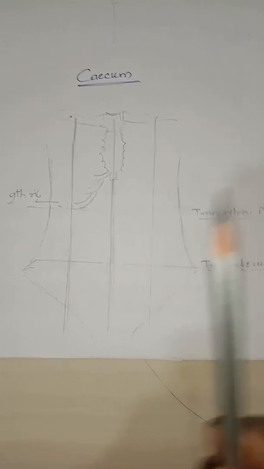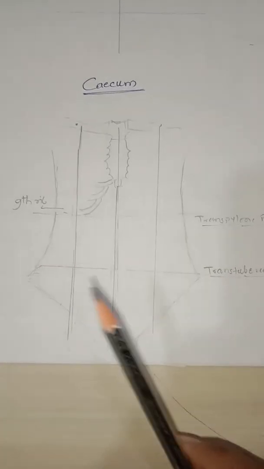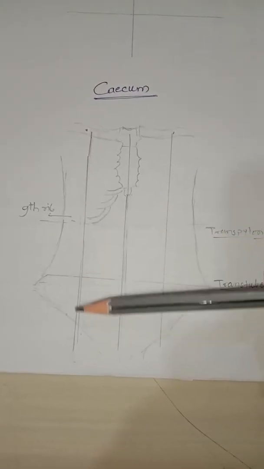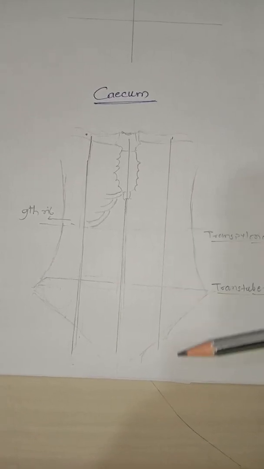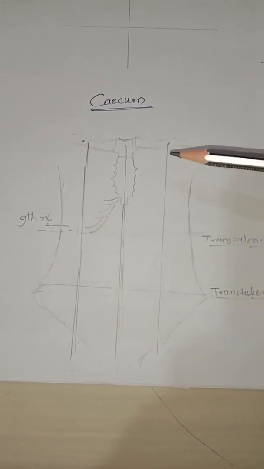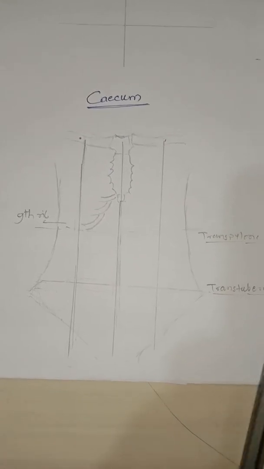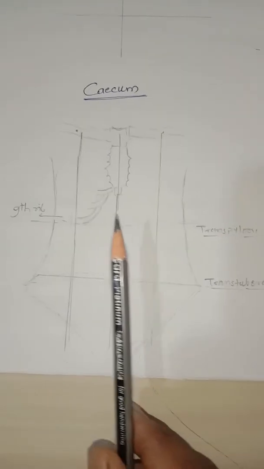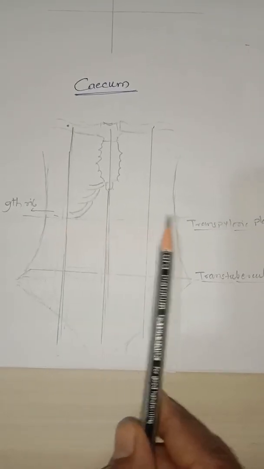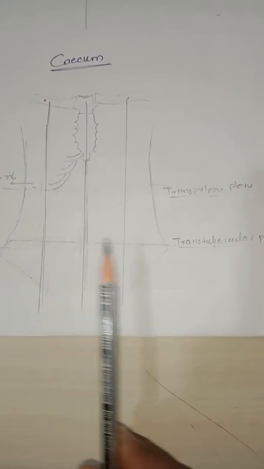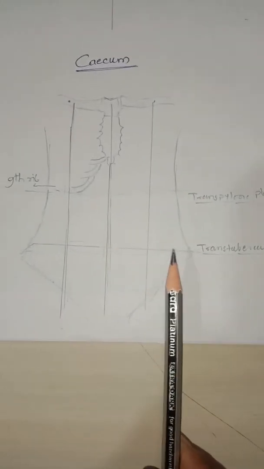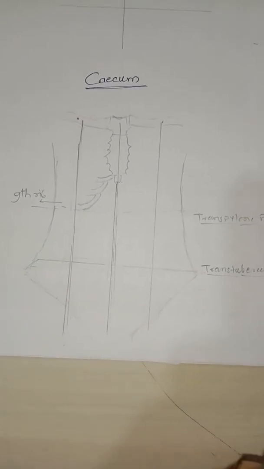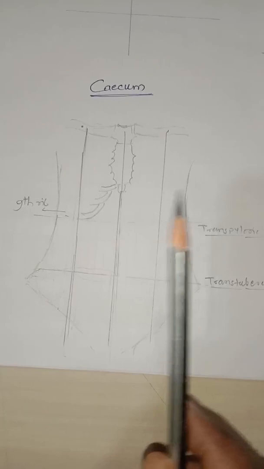The two vertical lines are called the midclavicular line, or the right and left lateral plane, and the two transverse lines are first the transpyloric plane, which passes at the tip of the 9th rib, and second the transtubercular plane, which passes through the tubercle on the iliac crest. Because of this, the 9 regions are formed.